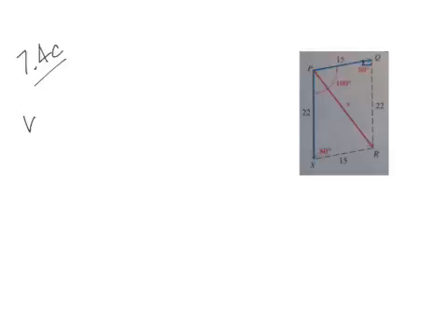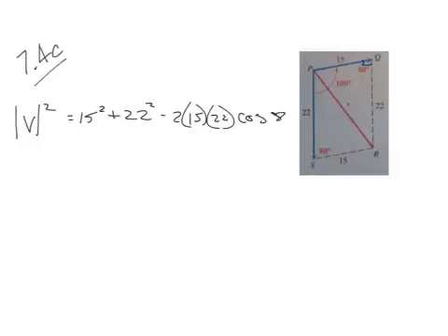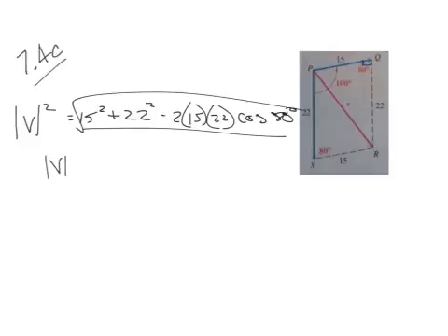So that vector, absolute value squared, is going to equal 15 squared plus 22 squared minus 2 times 15 times 22 cosine of 80 degrees. And when we put all this together, once we take the square root of that, we're going to get the absolute value of V somewhere around 22.